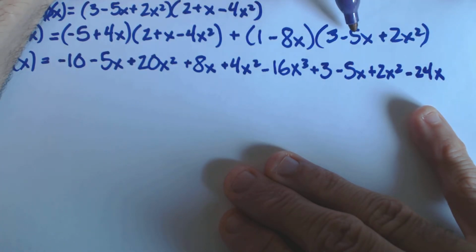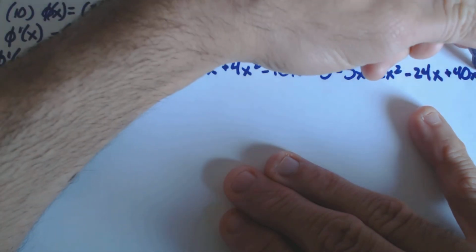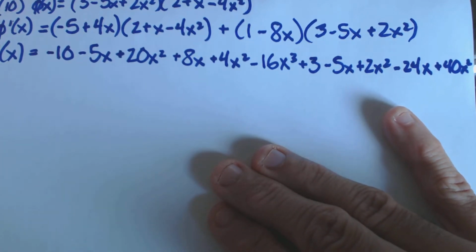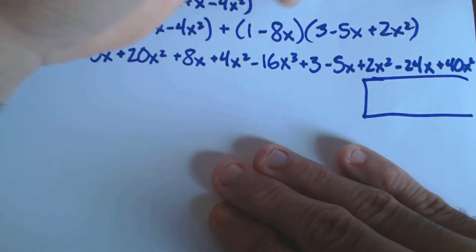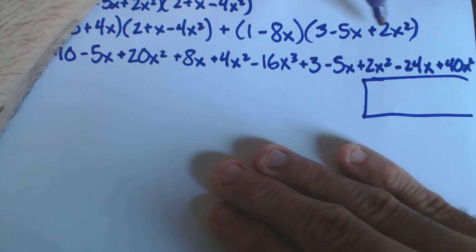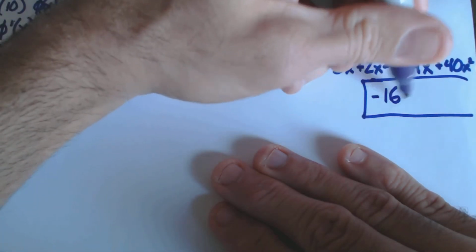Negative 8x times negative 5x is plus 40x squared. And then the last term I'll just put below it. Negative 8x times 2x squared is negative 16x cubed.